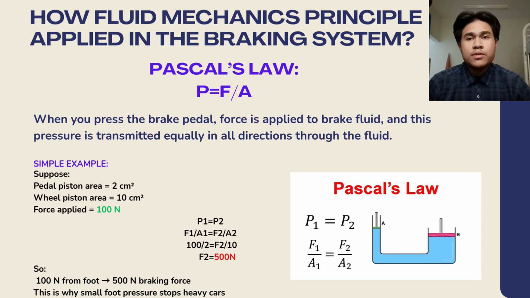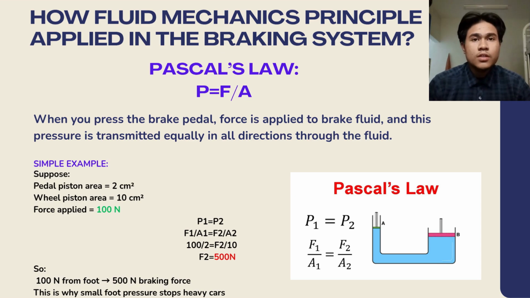I include a simple example here. Let the pedal piston area be 2 cm squared. The wheel piston area is 10 cm squared. The given force is 100 Newton at the pedal piston.